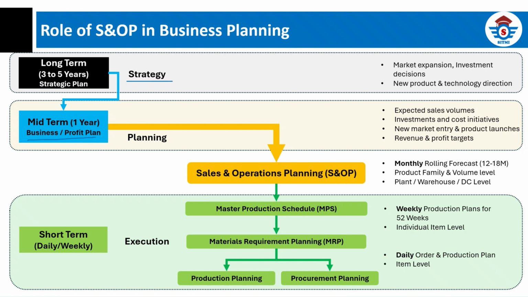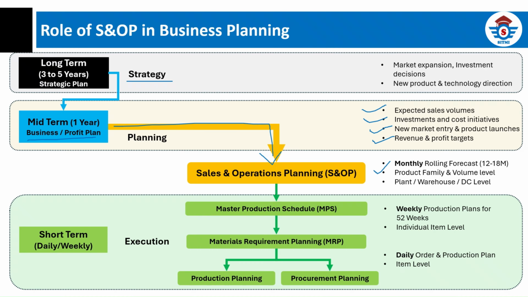From the yearly or annual plan, rolling forecasts are prepared at plant, warehouse, or distribution center levels for the current year. In simple terms, business planning covers expected sales volumes, required investments, new market entry, new product launches, and major supply chain initiatives. The business or profit plan becomes a key input for sales and operations planning.